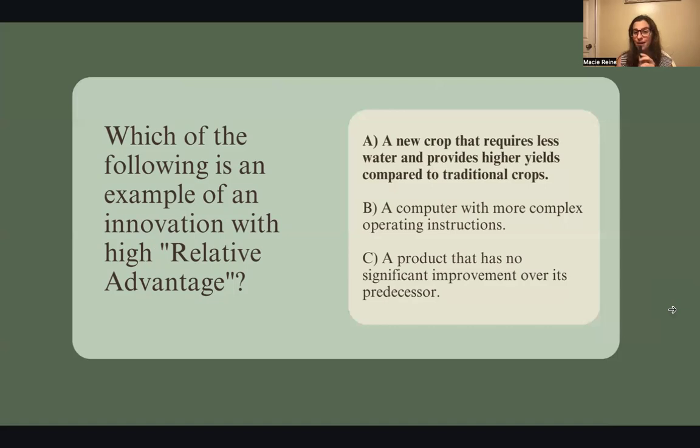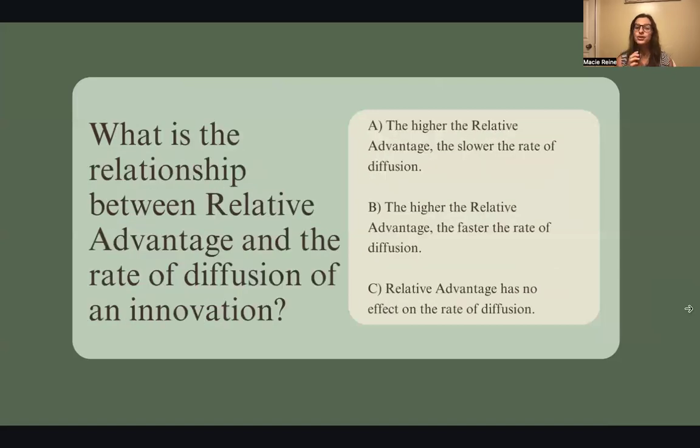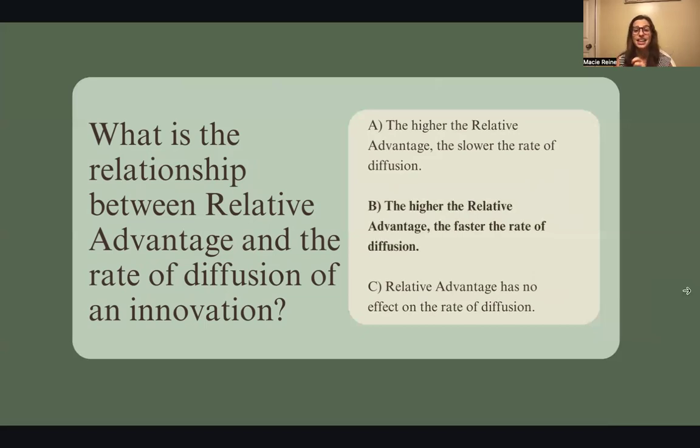A. A new crop that requires less water and provides higher yields compared to traditional crops. What is the relationship between relative advantage and the rate of diffusion of an innovation? B. The higher the relative advantage, the faster the rate of diffusion.